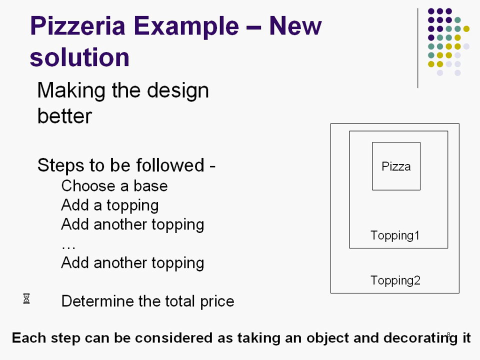You added another topping, a second topping, and that also has only one associated with it. What the second topping takes could be directly a pizza, or it could be another pizza which had one topping. So you could use either the component itself or the component which is decorated. Either one of them it can use.